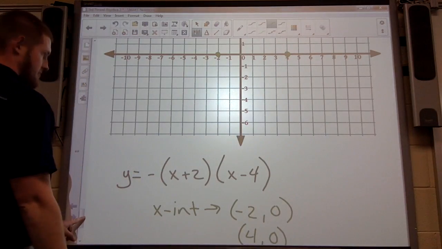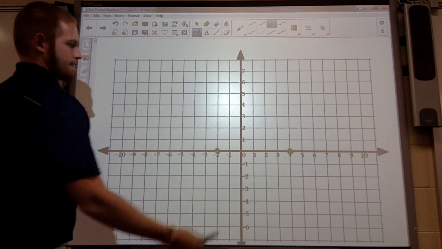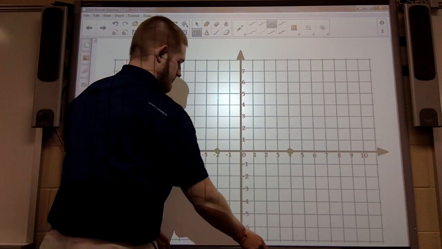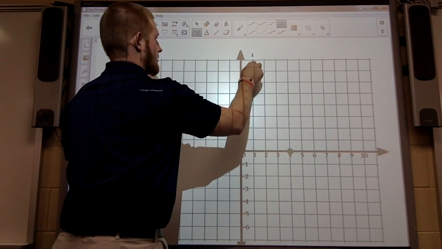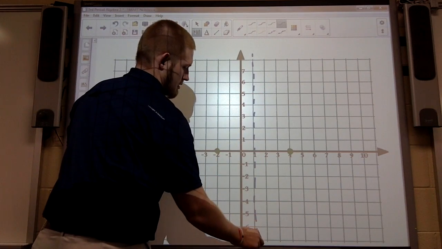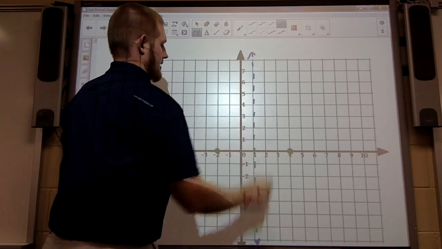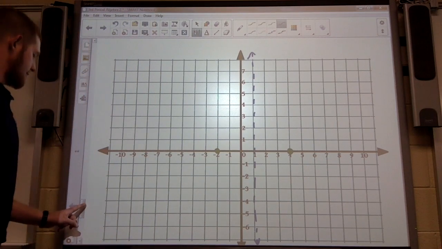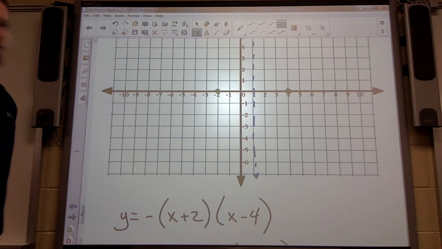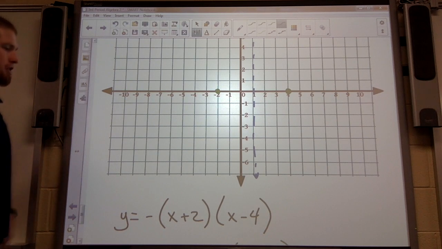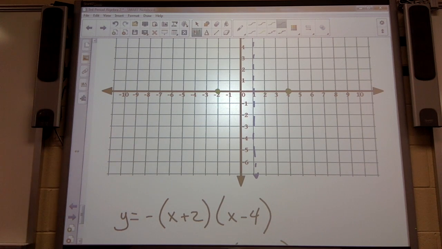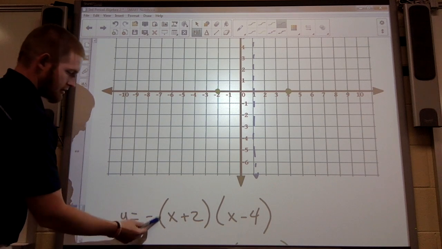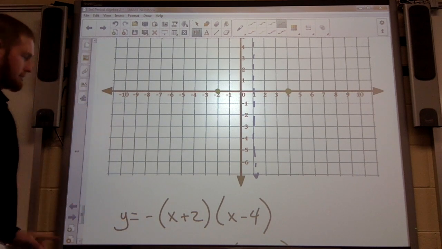Our axis of symmetry, right in between 4 and negative 2, is going to be right here at positive 1. That's our axis of symmetry. Now, that also means that is where my vertex has to be. My vertex has to be at 1 comma something. I don't know if it opens up or down. You can actually look right here and tell that it opens down.